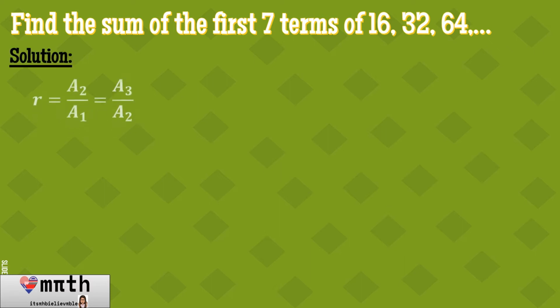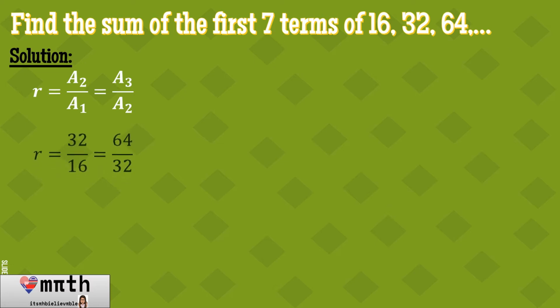The common ratio is the second term divided by the first term, and the third term divided by the second term, which is 32 divided by 16 and 64 divided by 32, both equal to 2. Therefore, our common ratio is 2, and it is not equal to 1 or negative 1.